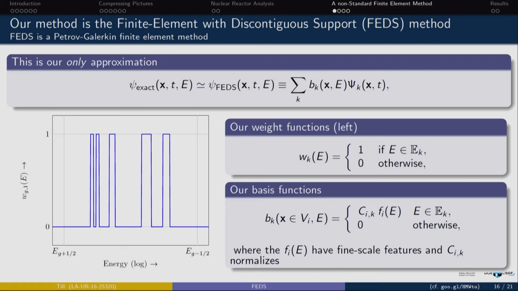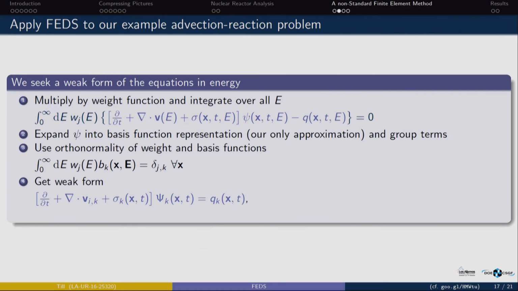They're 1 if energy is inside of the energy element and 0 otherwise, and this is what our weight functions look like. Our basis functions look the same as the weight functions, but they have some sort of shape to them. Because our weight and basis functions aren't the same thing, this is a Petrov-Galerkin finite element.